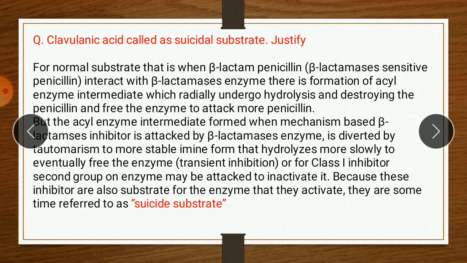For a normal substrate, when a beta-lactamase sensitive penicillin interacts with the beta-lactamase enzyme, there is formation of an acyl enzyme intermediate which rapidly undergoes hydrolysis, destroying the penicillin and freeing the enzyme to attack more penicillin, as we already saw in how penicillin is hydrolyzed.